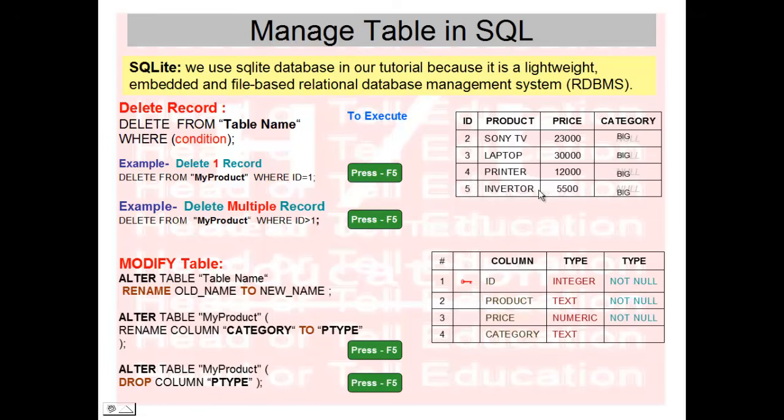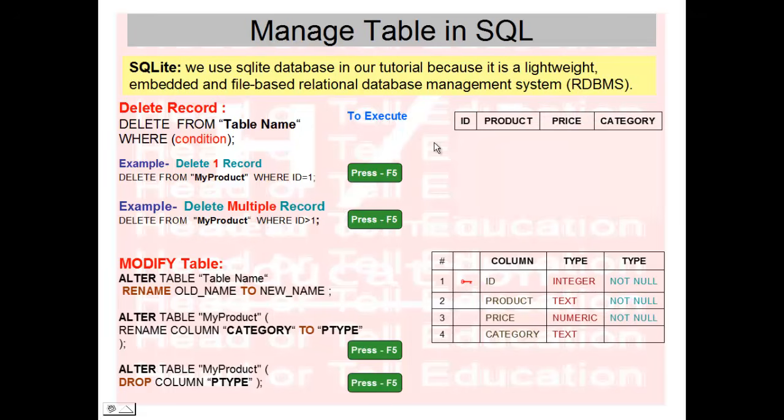If you want to be specific, for example, you can delete the records if the price is greater than 12,000, so those records are deleted, but it depends totally on your condition in the where block. Here I am using the condition id is greater than 1, so records 2, 3, 4, 5 are all deleted. I press F5, and all records are deleted.